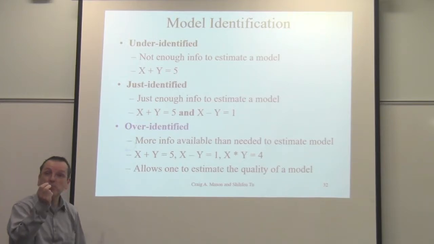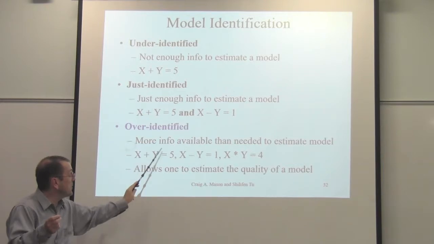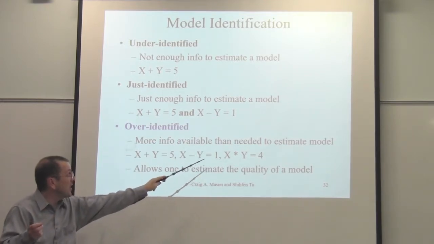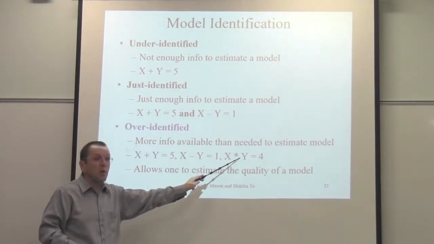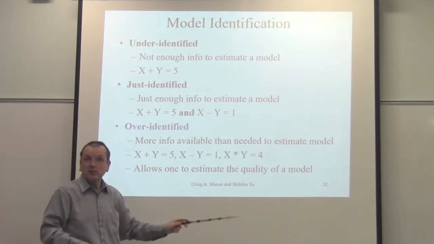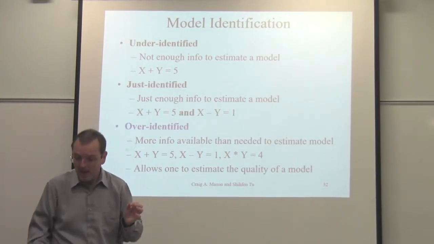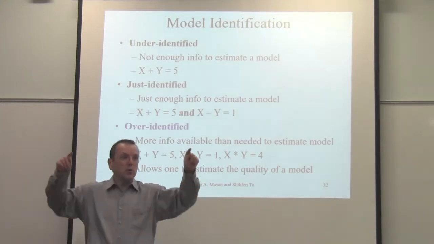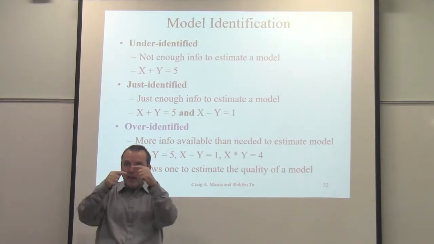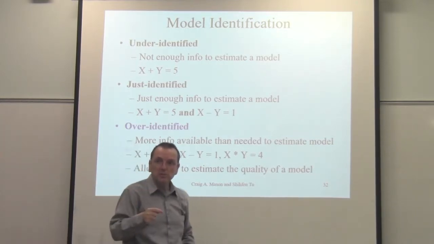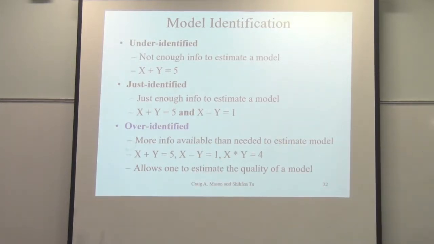We know x and y are 3 and 2 based on the first two, but x and y can't be 3 and 2 to solve the third. So you can't definitively solve it. Instead, the computer will go through and find values of x and y that are as close as possible to solving those equations.